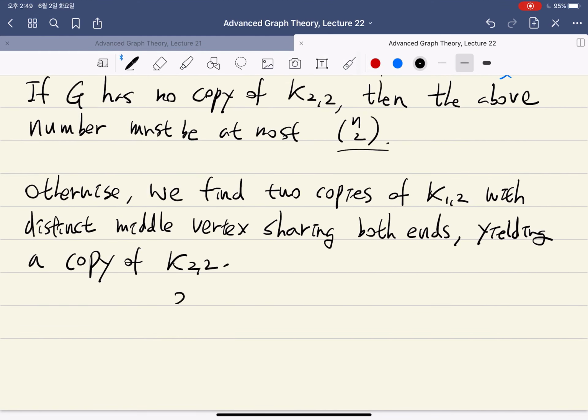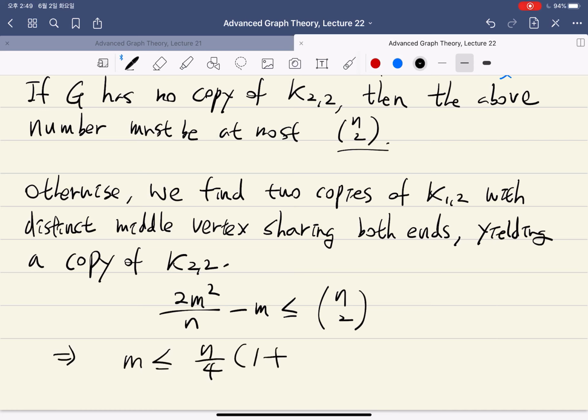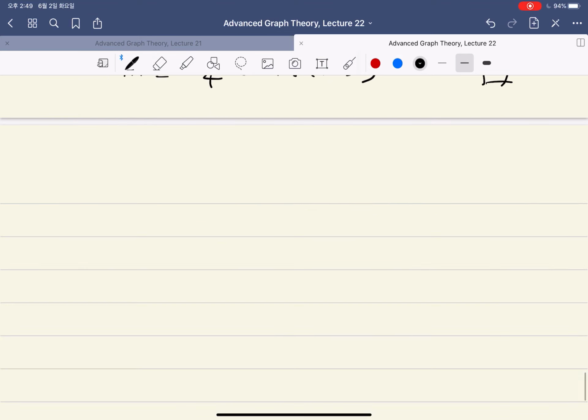So what do we get? We get that n times the choose-2 of 2m over n, which is 2m squared over n minus m, is at most n choose 2. This implies that m is at most n over 4 times 1 plus the square root of 4n minus 3. So this gives us an upper bound.